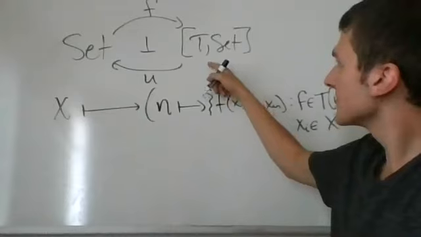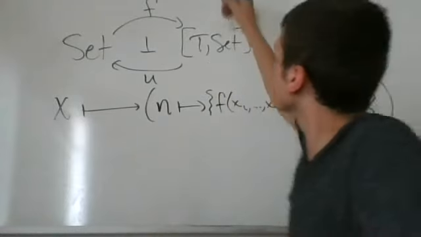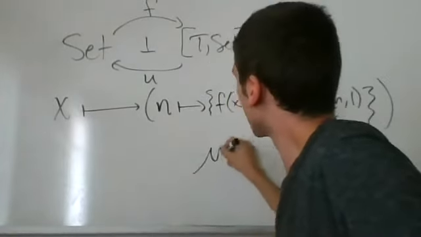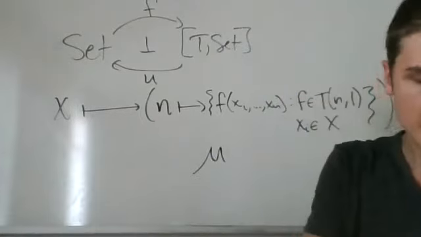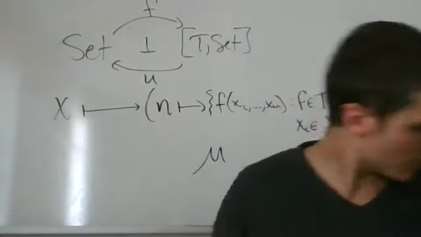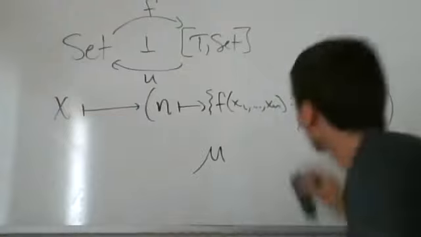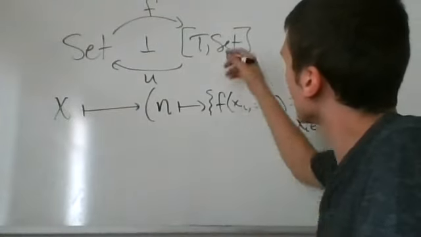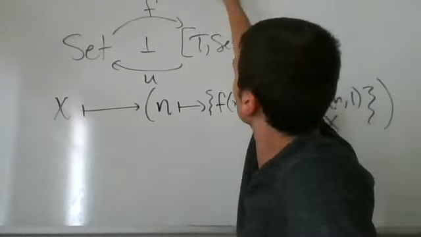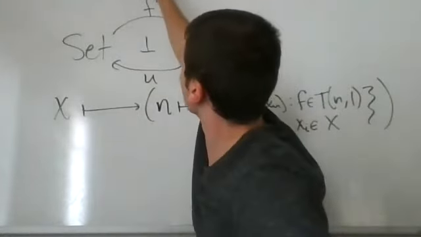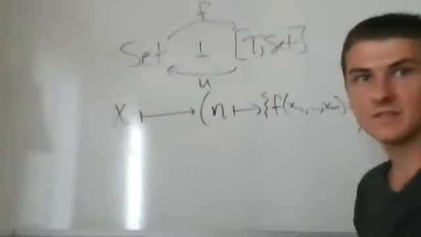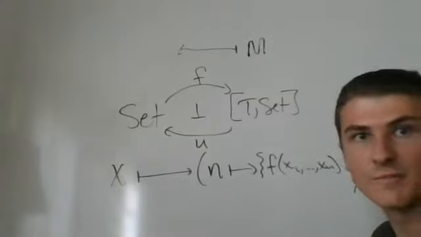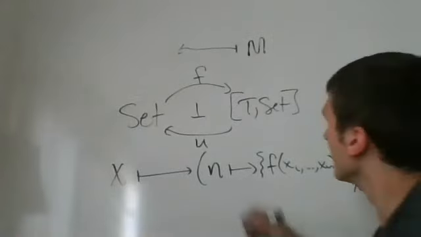So here we have some model, let's call it M, and we're going to send it to its value at 1. We're just going to evaluate it at 1.